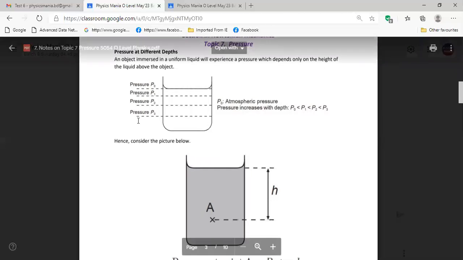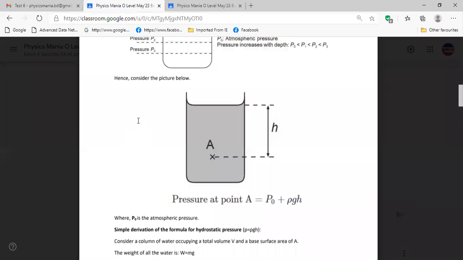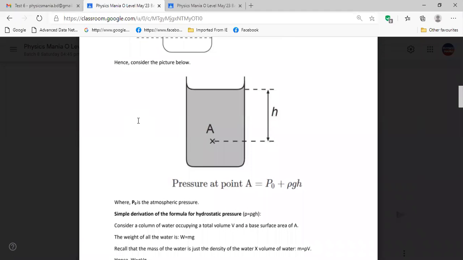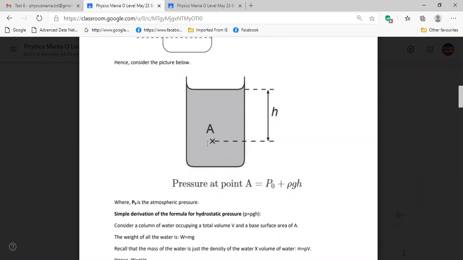Sometimes we have the container open. That time, the total pressure at this point we should calculate not only as the liquid pressure, but also the atmospheric pressure.